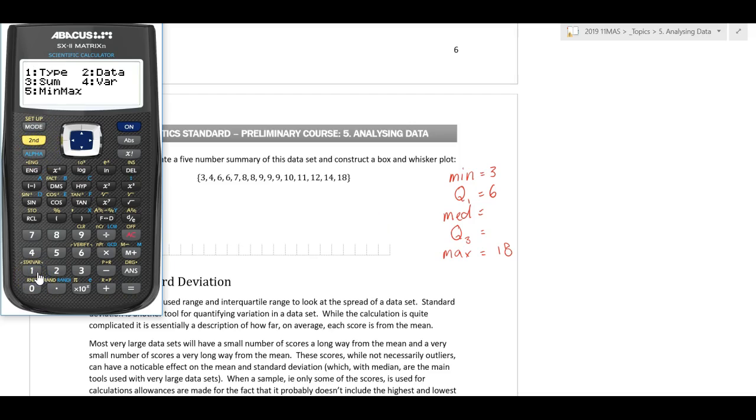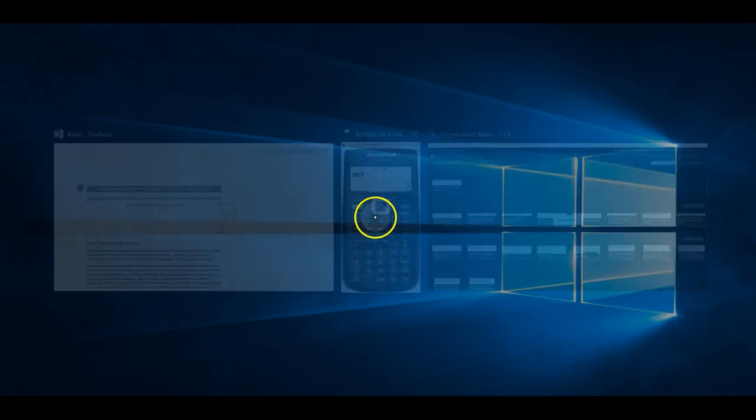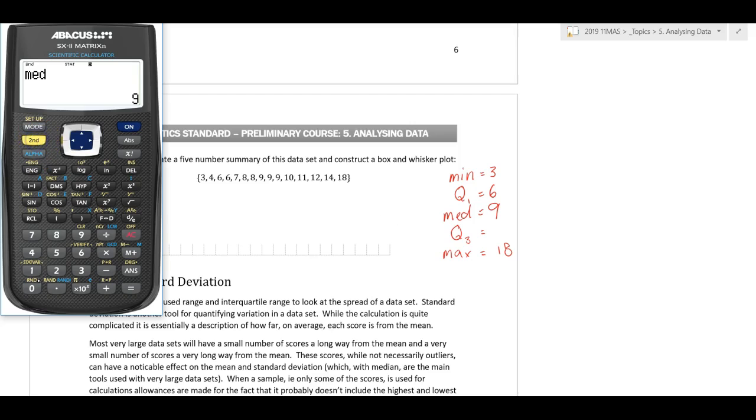Second function 1 and 5, 4 gives me my median is 9. And back to the calculator here. Second function 1, 5, and 5 gives me my upper quartile is 11. So that's my 5 number summary.